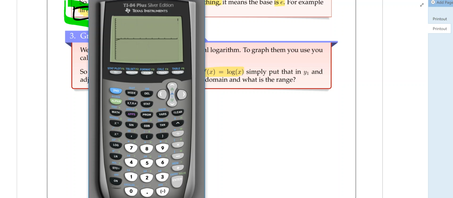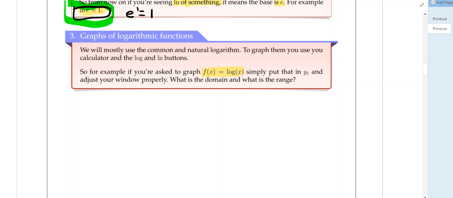And then hit graph. So you see how it looks like. It looks exactly like what we had earlier. So it's going to be something like this.